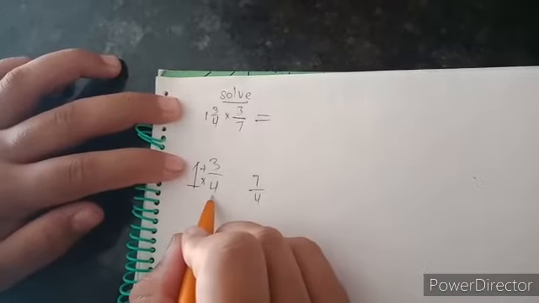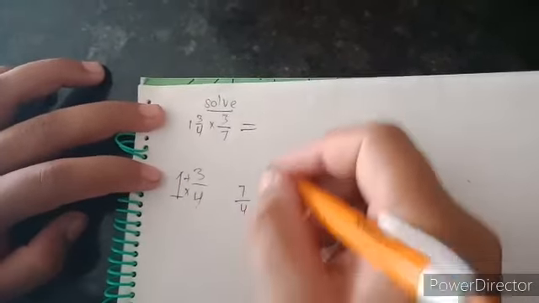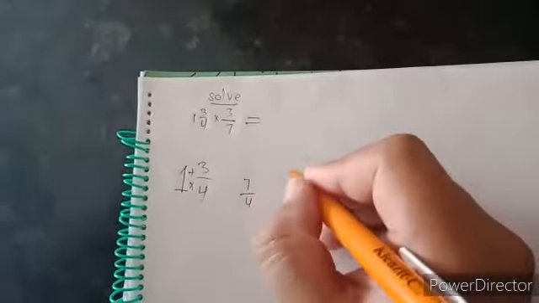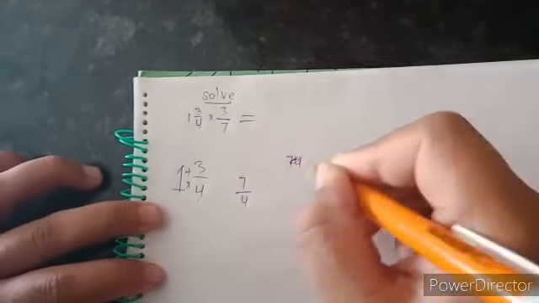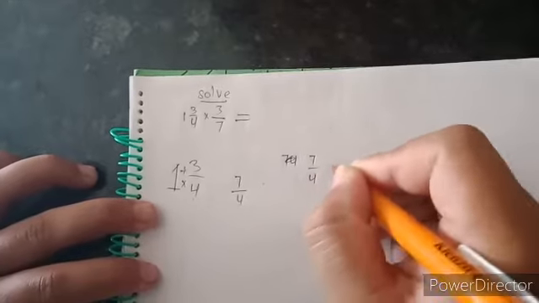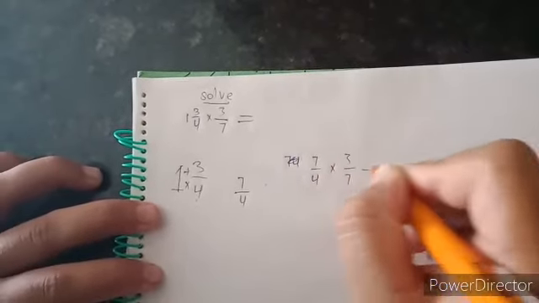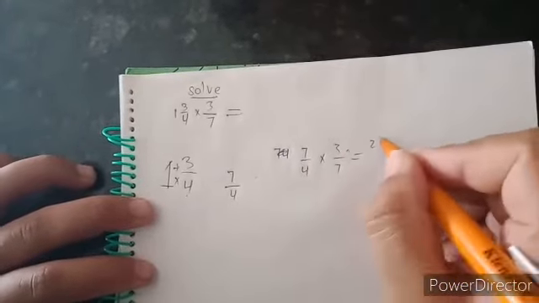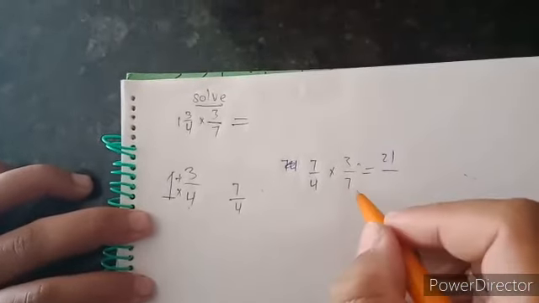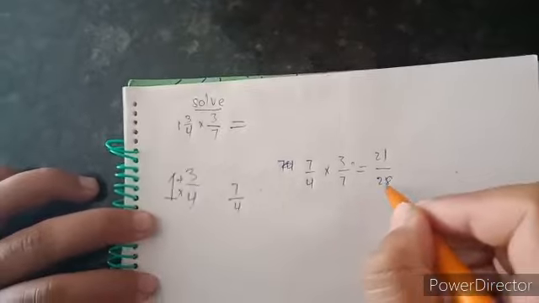I told you to put this below. So now, 7 over 4 times 3 over 7. That will be 7 times 3, what is it? 21. What is 4 times 7? 28.